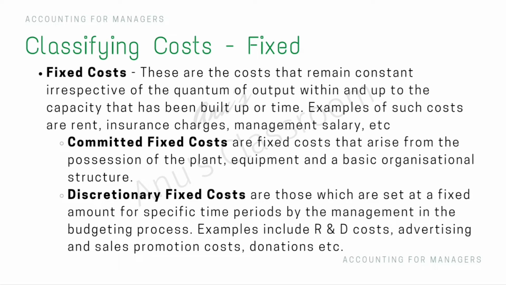So that is an example of discretionary fixed cost. At the same time, supposing it is your own building, then you might have bought that building for maybe 1 lakh rupees or maybe 1 crore rupees. Until and unless you sell it, that 1 lakh rupees or 1 crore rupees is all that you had spent on that premises, right? So that becomes your committed fixed cost.